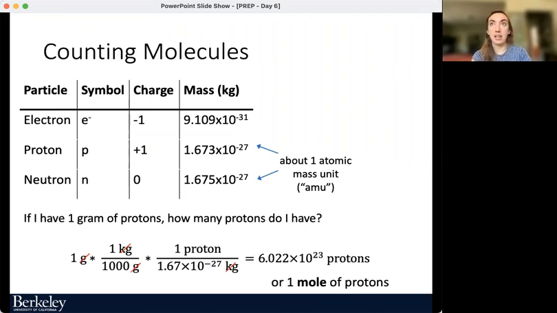Just like I can think of 1,000 as an amount of stuff, a mole is just 6.022 times 10 to the 23 of whatever thing it is. So if I have 6.022 times 10 to the 23 protons, that's the same as saying I have a mole of protons. So a mole is just like a number of things. This number we call Avogadro's number, and it's sometimes written as N sub A.